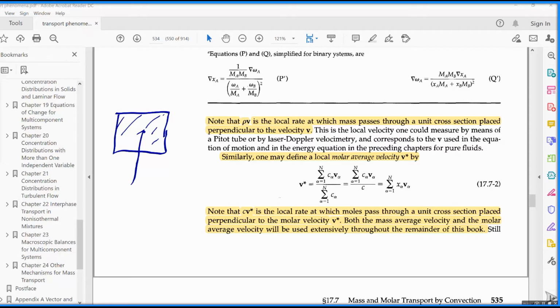So rho multiplied by V gives the mass passing per area in this system perpendicular to the velocity.